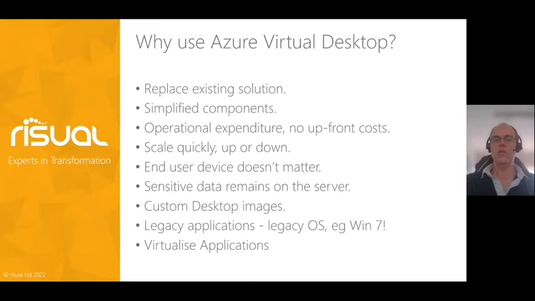Well, good news. Windows 7 on AVD is supported and will continue to receive updates until early 2023. Though that's not far off now. Finally, you can virtualize applications individually rather than whole desktops. Just push out IE, Notepad, or Visual Studio.